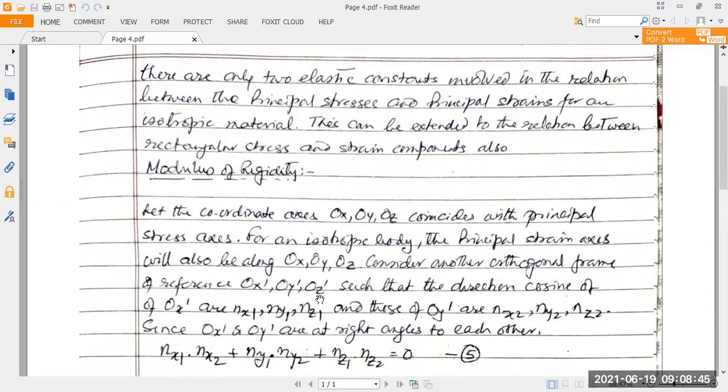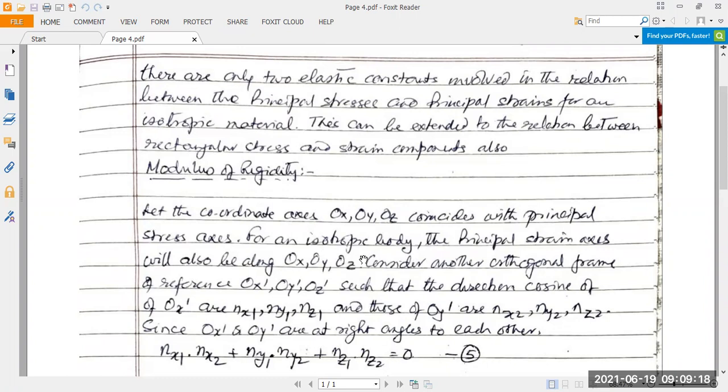As both sets are orthogonal, their mutual angle will always be 90 degrees. So whatever angular change OX dash makes with OX, OY dash and OZ dash will make the same angular change with OY and OZ. As we are considering an isotropic body, due to this change in angle the strength and other things will not change as per our equation itself.